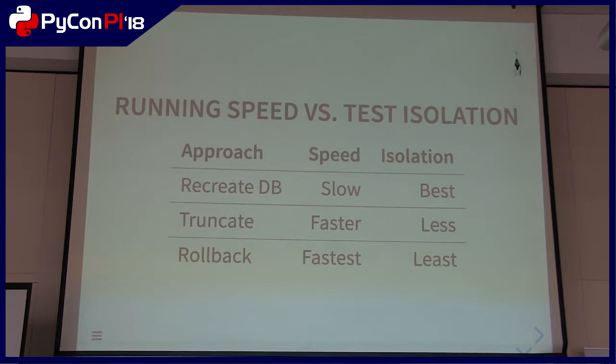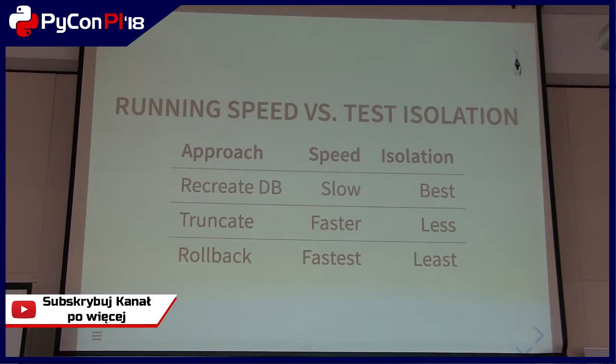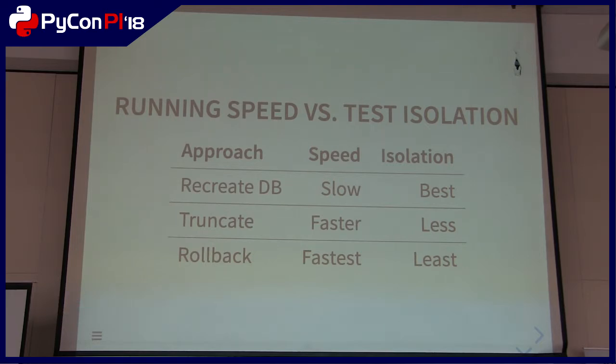You could just recreate the database for each test case, which would be slow, but will be really isolated. Or you could truncate all tables and recreate all DB level features like views or triggers and all this stuff. Usually it's easily handled by migrations, so it's not a big deal.